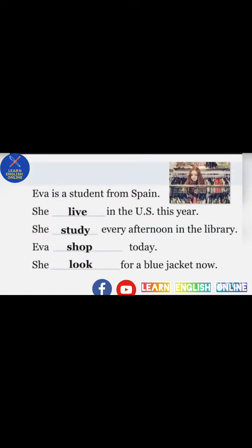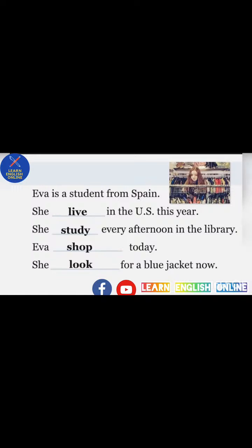Okay, you try. Ava is a student from Spain, and these sentences tell us more about Ava. But the verbs in the blanks are in their simple form. That means we need to change them to fit in the sentences. We need to decide simple present or present progressive. How do we know?